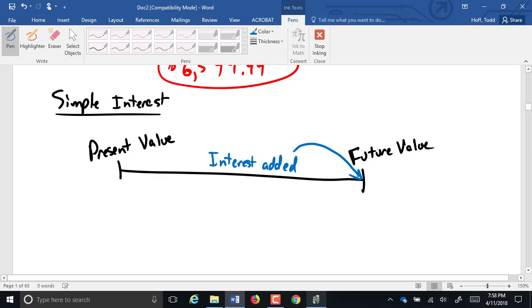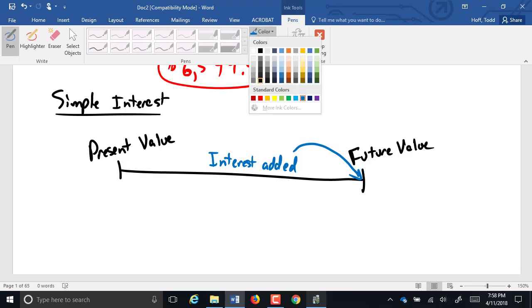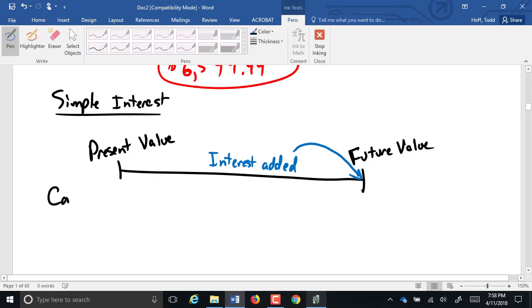But if there's an action, we treat it as separate periods, right? Well, our next step next week is to talk about compound interest.